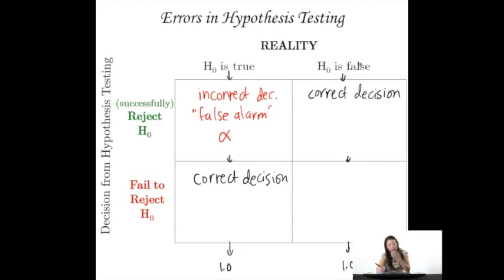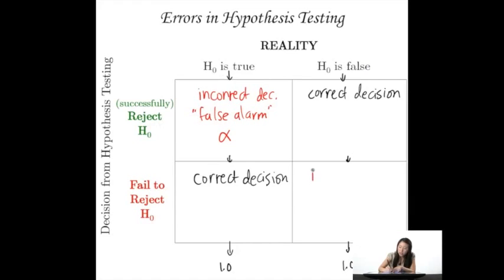Now, on the other hand, there is yet another way that we could be wrong. And that way is this. We could fail to reject the null. We could say, I don't know. The null may not be wrong. I don't know, right? We failed to reject it. But the null is wrong. It's false, right?